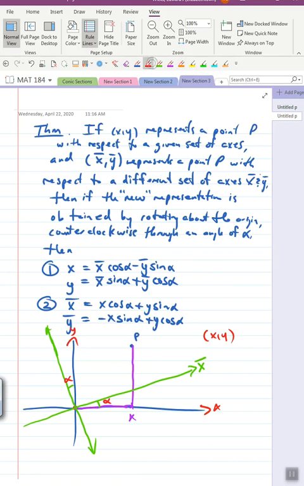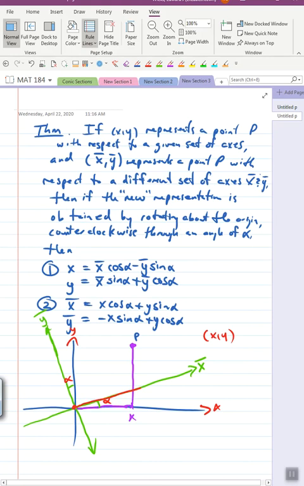Do you see that relative to this new axis system, and let me label this guy as y bar up here, do you see that in this new axis system, this point P has different coordinates than it did before? Because how do you move from this origin out to that point P now?